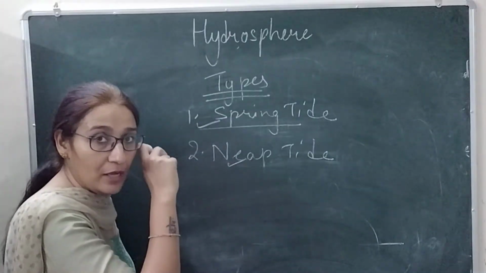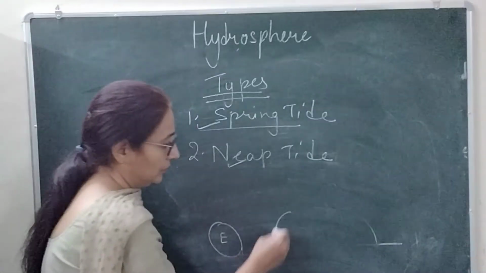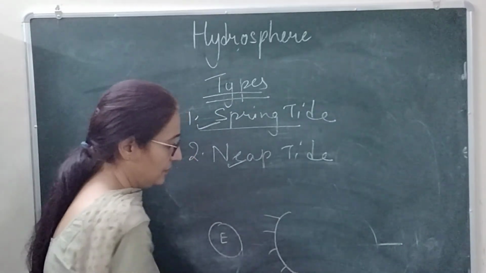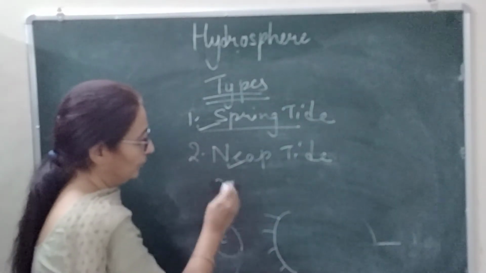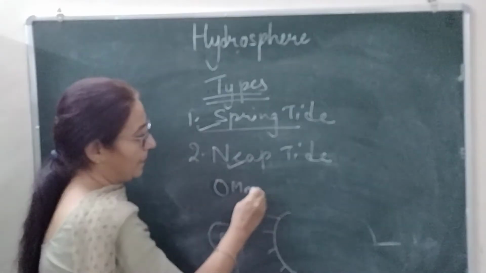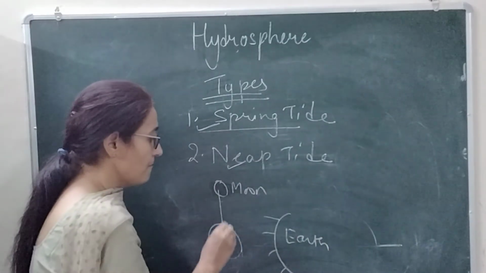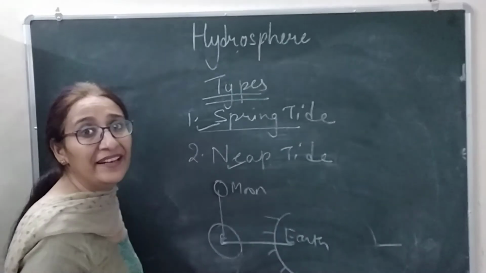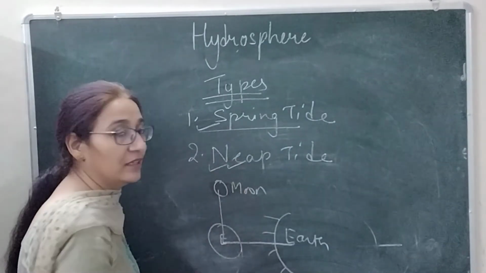Now, on the other side, if we talk about neap tide, which is also considered as a low tide, on the first quarter and the last quarter of the month, when the Earth, Sun and Moon form a 90-degree angle, then neap tide will occur.